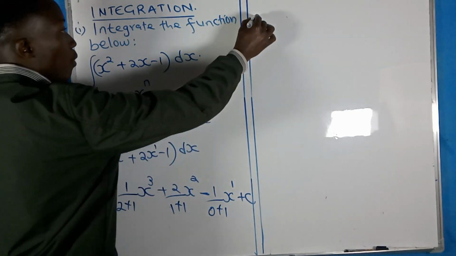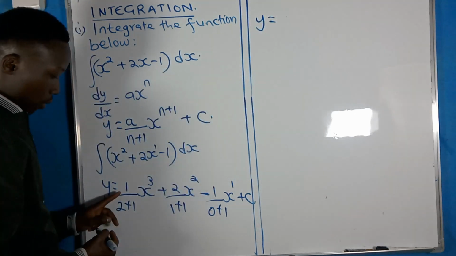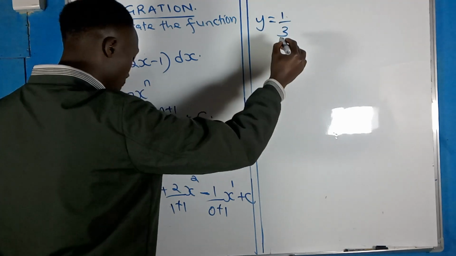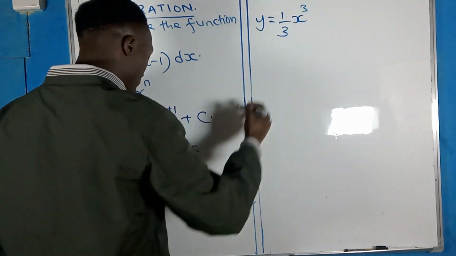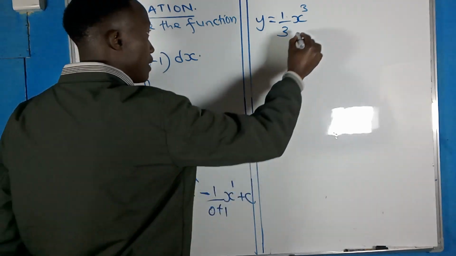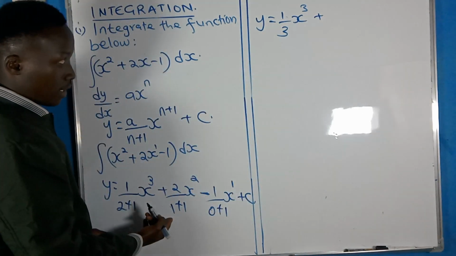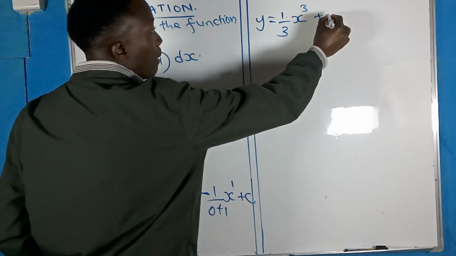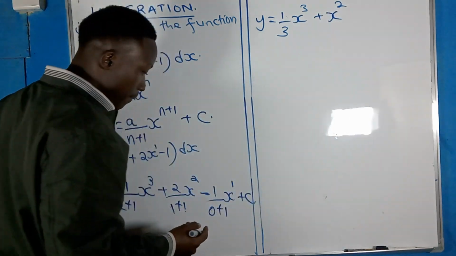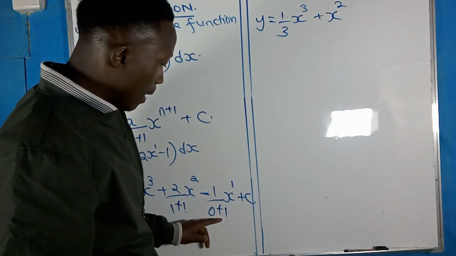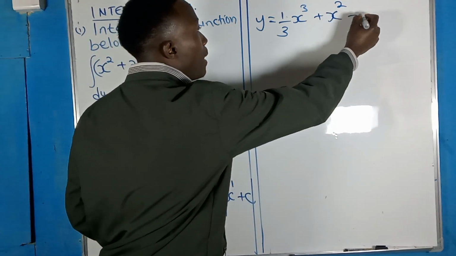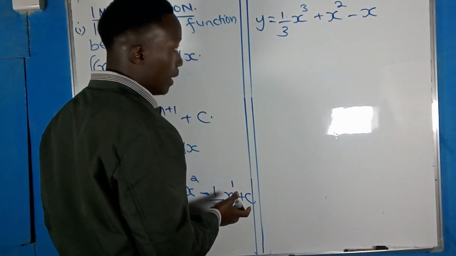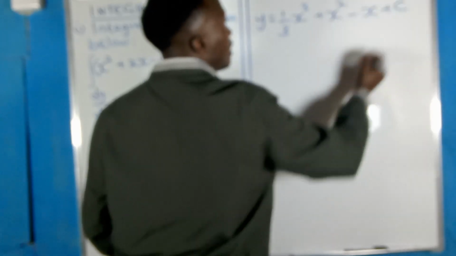So we are going to have y is equal to 1 over 2 plus 1, which is 1 over 3, x cubed, plus 2 over 2, which is 1, x squared. Then 1 over 1 is equal to 1, so it will be minus x, because x to the power 1 is equal to x, then plus c.